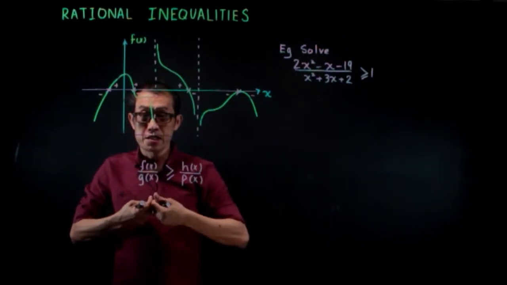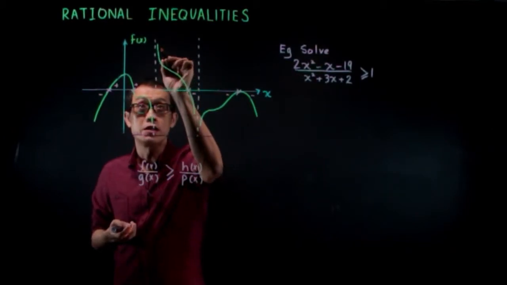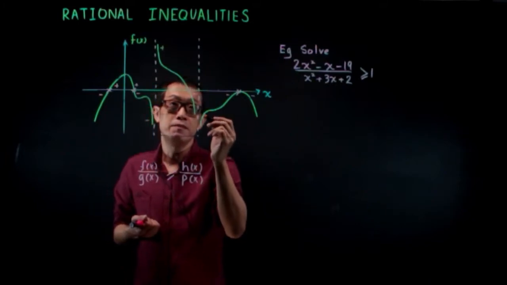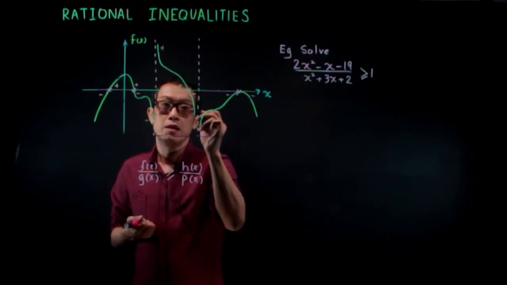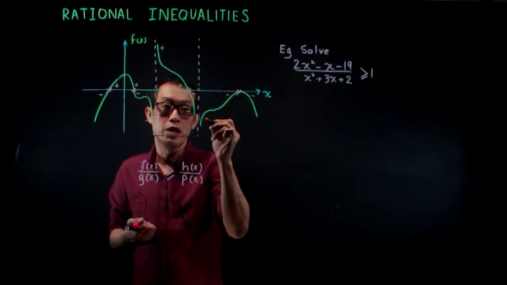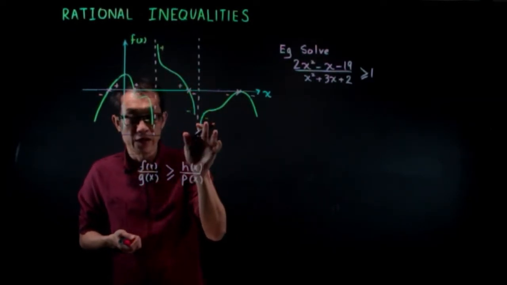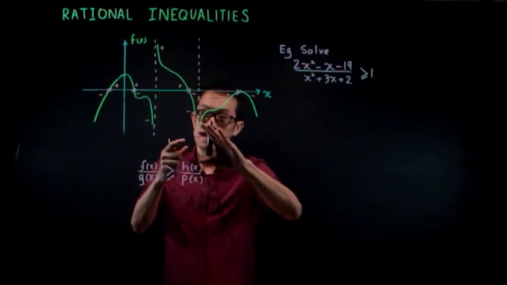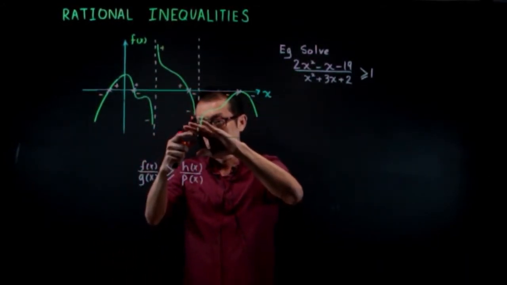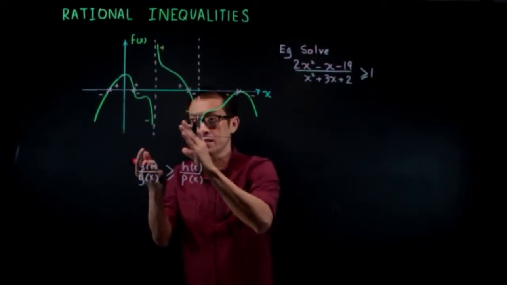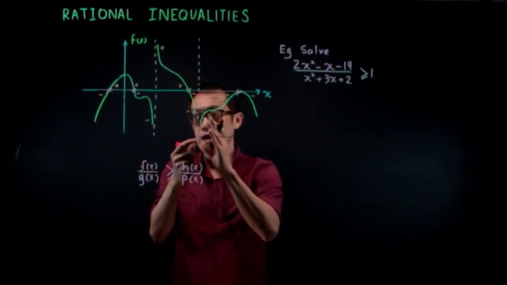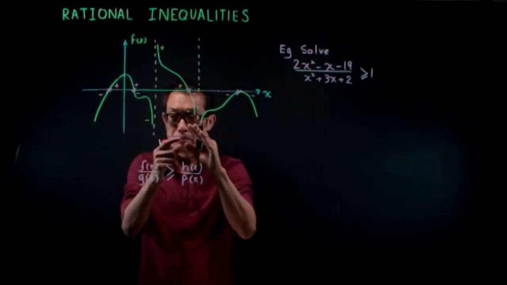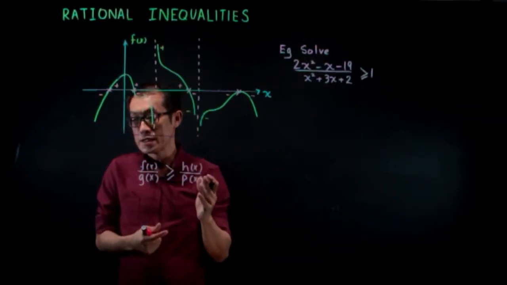The sign changes from negative to positive, and then this is from negative to a negative. It does not change sign over here. Likewise for the asymptote, when it is slightly less than the x value of the asymptote and slightly more than the x value of the asymptote, the graph may or may not change sign.